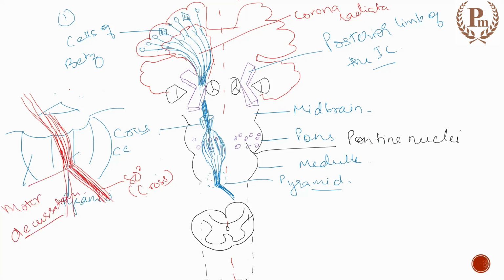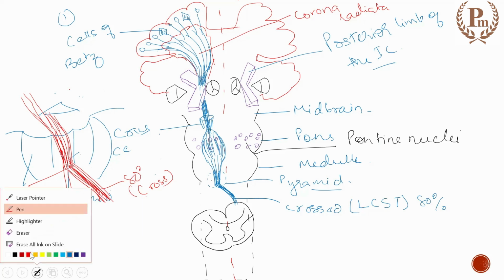So what is happening? The maximum of the fibers have crossed over. Now this is called as the crossed fibers or crossed lateral corticospinal tract. And how many of them are there? The 80% of the fibers cross over. How about the rest of the fibers?